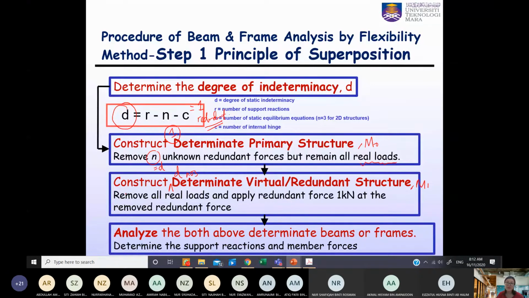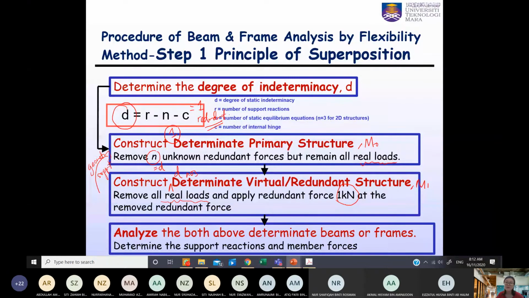So how do you create this virtual structure? You take the primary structure: the geometry will be the same and the supports will be the same, but you remove all the real loads. Then you apply back the redundant force as 1 unit, for example 1 kilonewton. It might not always be 1 kilonewton; it depends on your redundant force.